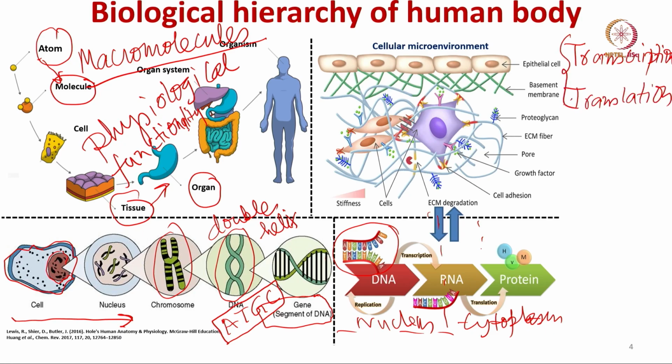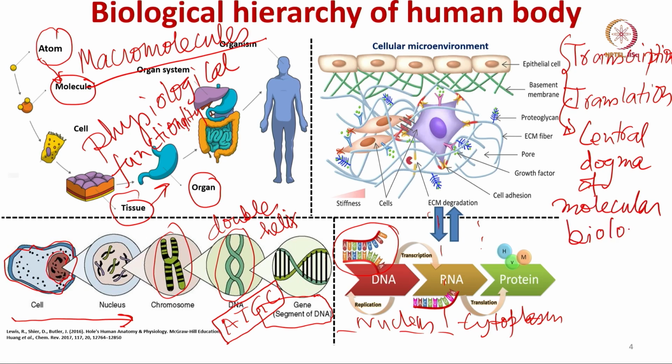This transcription and translation process in cell biology is called the central dogma of molecular biology. So, I repeat, DNA to RNA is called the transcription process, and RNA to protein is called the translation process.